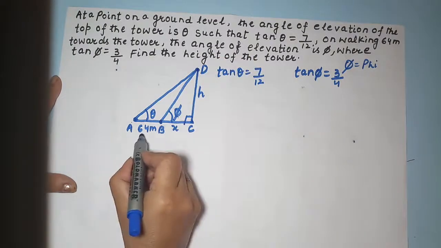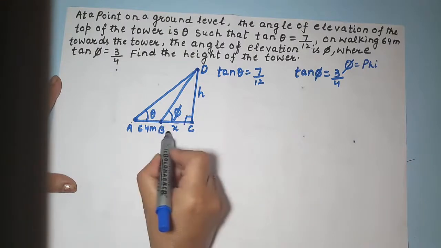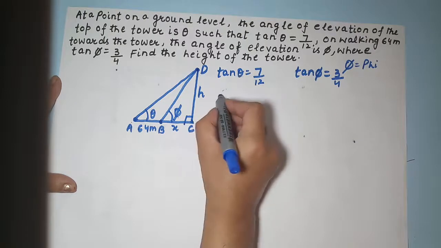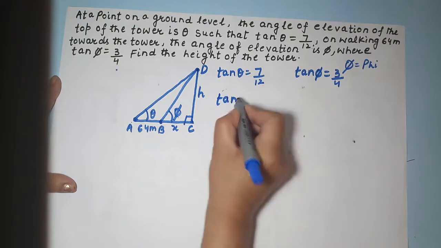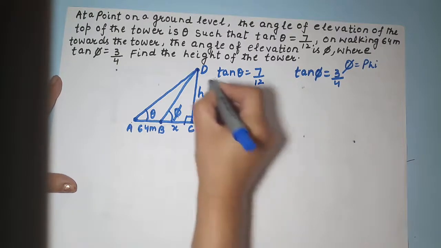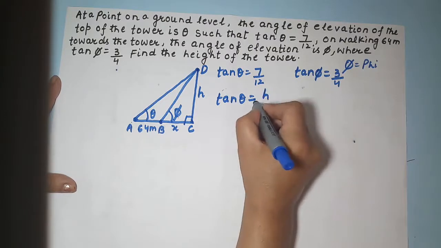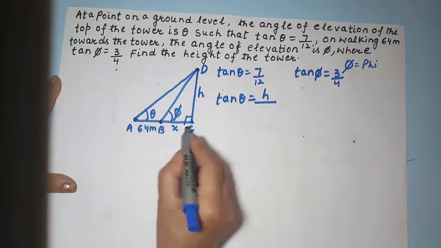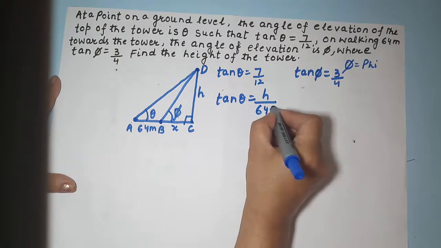AB is 64 and let's say that BC is x, right? Now let's take tan theta first. Tan theta, isn't this equal to opposite, which is h, upon adjacent? Now what is my adjacent? 64 plus x, right?